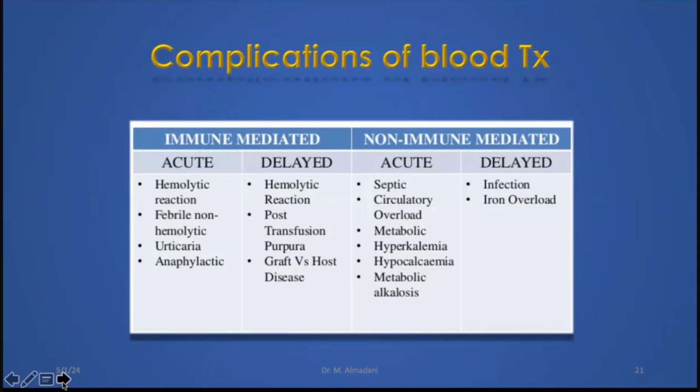Each blood transfusion, just to note this important point, will be transfused over 3 to 4 hours. In between 2 units, for example, the patient has been given the first unit, and before receiving the second unit, the patient needs to be given diuretics just to avoid the overhydration or overload of fluids.